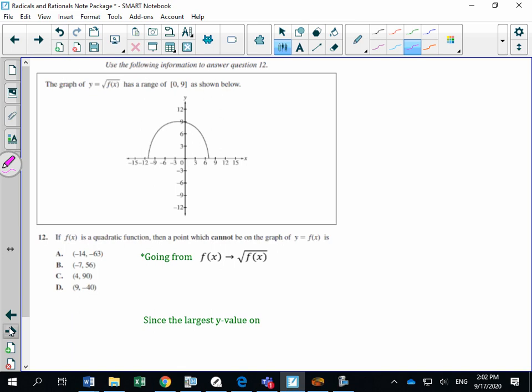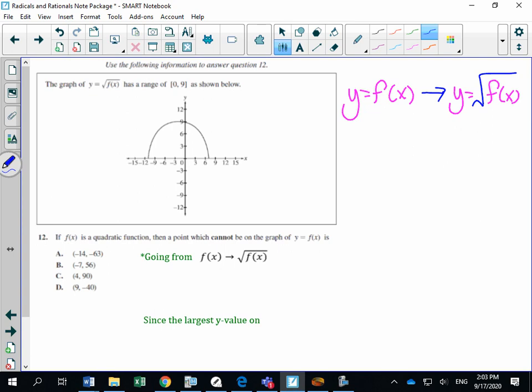It says, this is the graph of y is equal to the square root of f of x. So this graph is already a radical function. Generally we have a standard function, y is equal to f of x, and to transform that into a radical function, you take whatever the function is, f of x, and you put it underneath a radical sign.